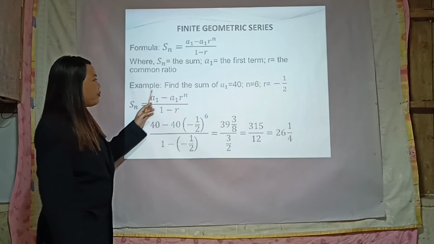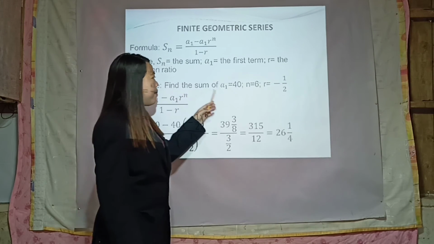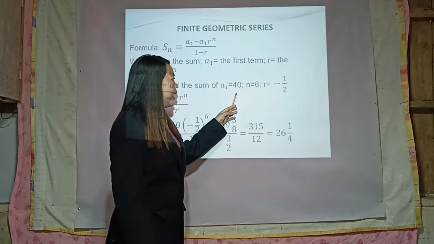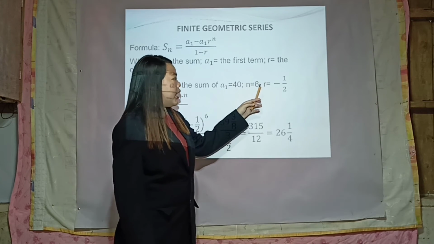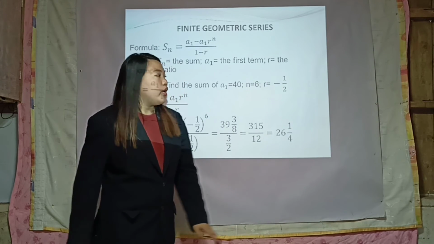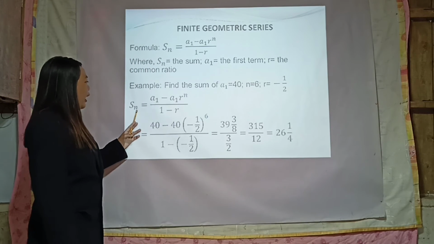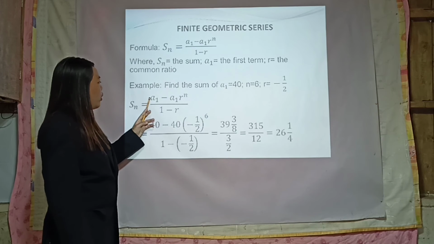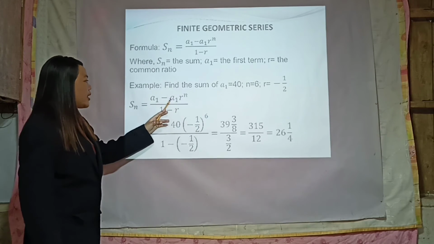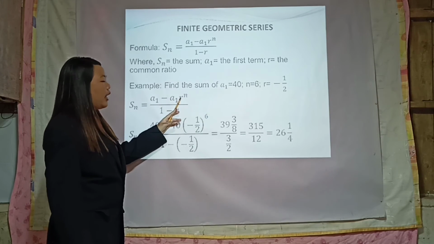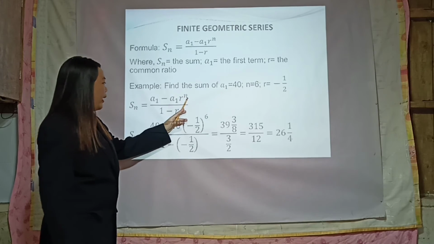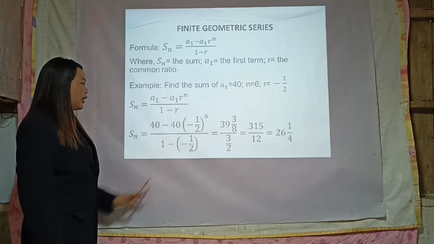So example, find the sum of a sub 1 is equal to 40, n is equal to 6, and r is equal to negative 1/2. So the formula, which is S sub n is equal to a sub 1 minus a sub 1 times r raised to n all over 1 minus r.